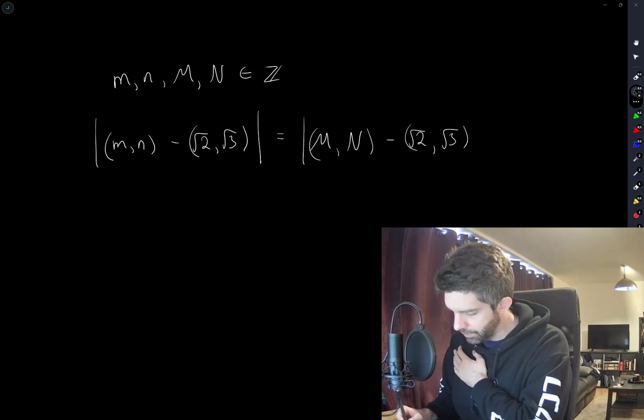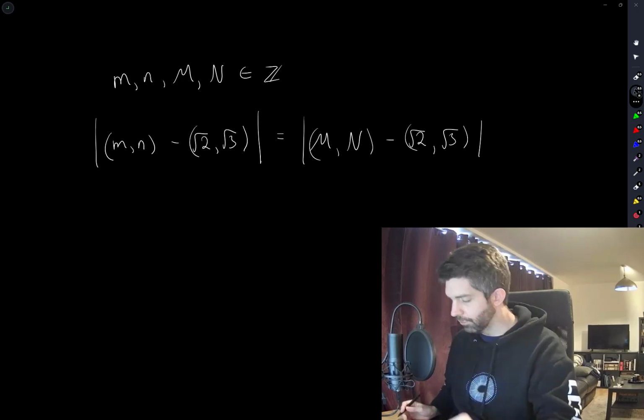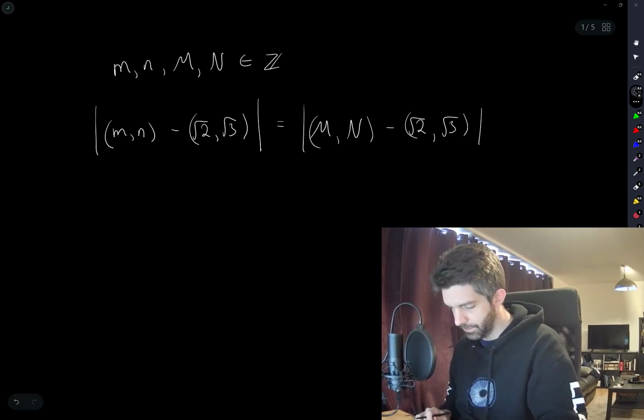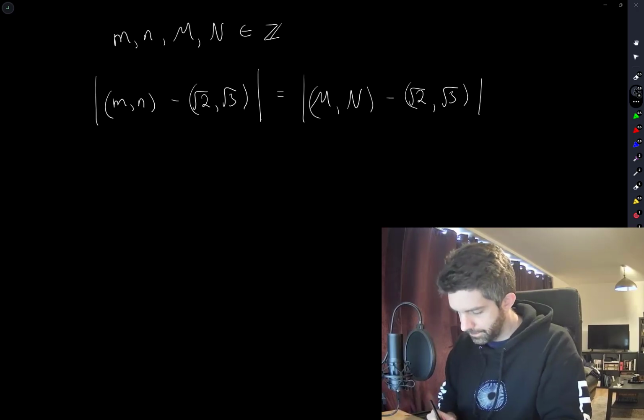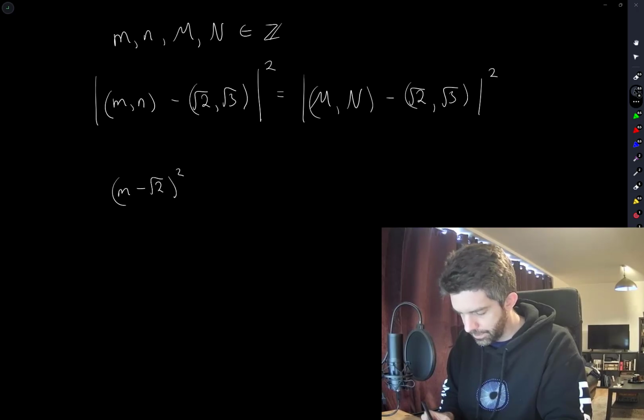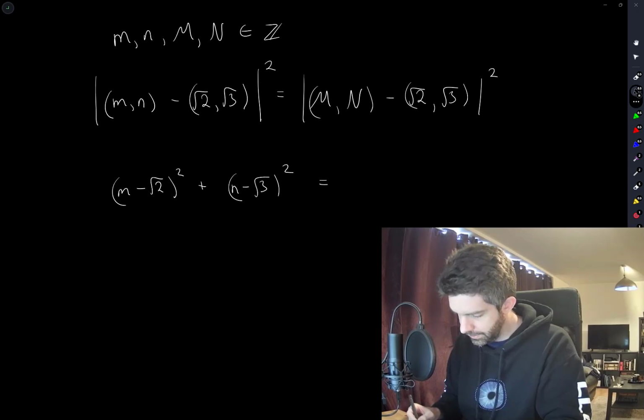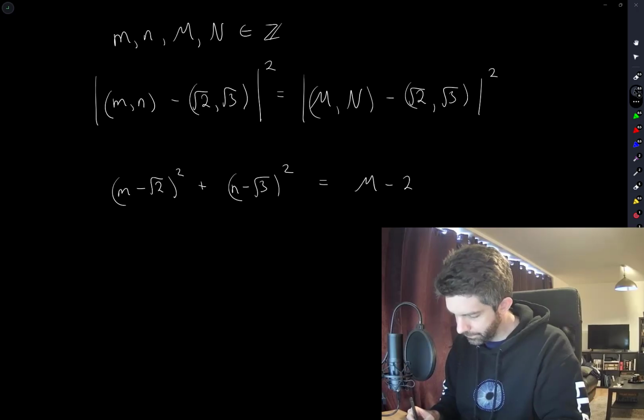So this is going to use a result from the previous part of this problem. Let's first start by squaring both sides and then just write out what this is equal to. So we have (m minus root 2) squared plus (n minus root 3) squared is equal to something similar here.